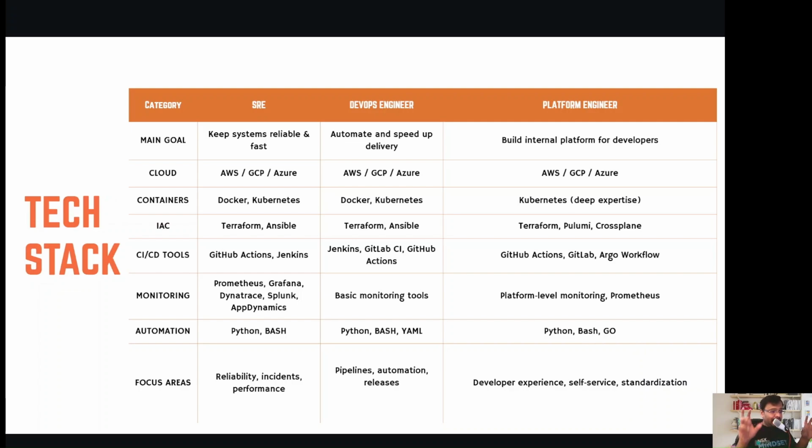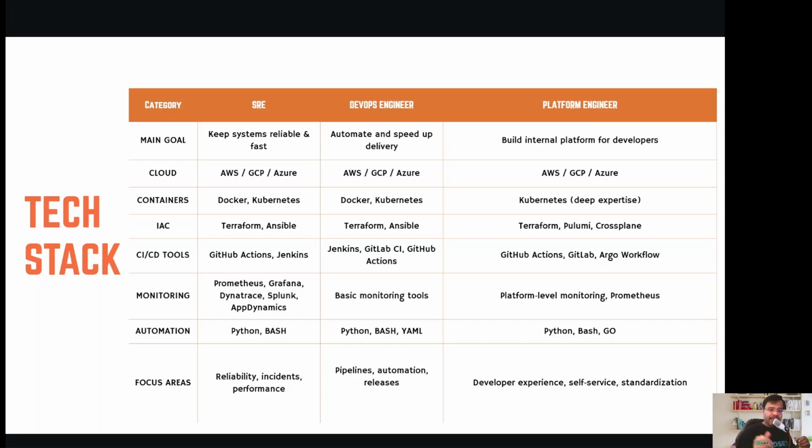The last thing, which is very important, is the focus of these three roles: SRE, DevOps engineer, platform engineer. SRE focuses on reliability, incidents, and performance. DevOps focuses on pipelines, automation, and faster releases using continuous integration and continuous delivery or deployment.